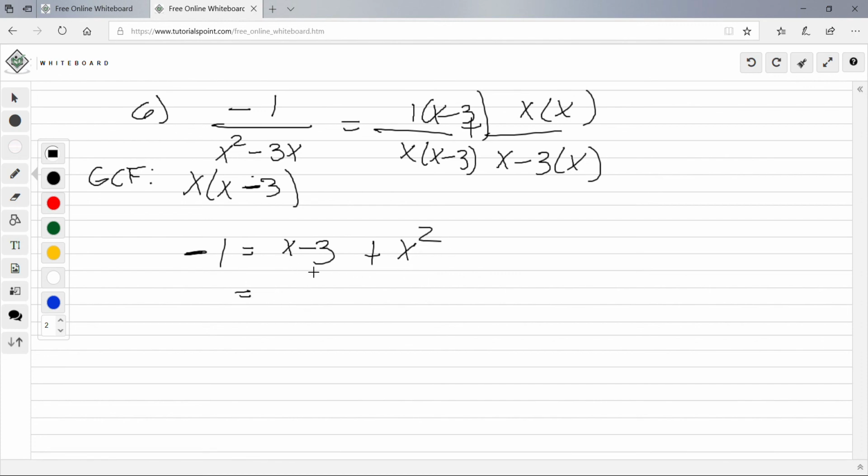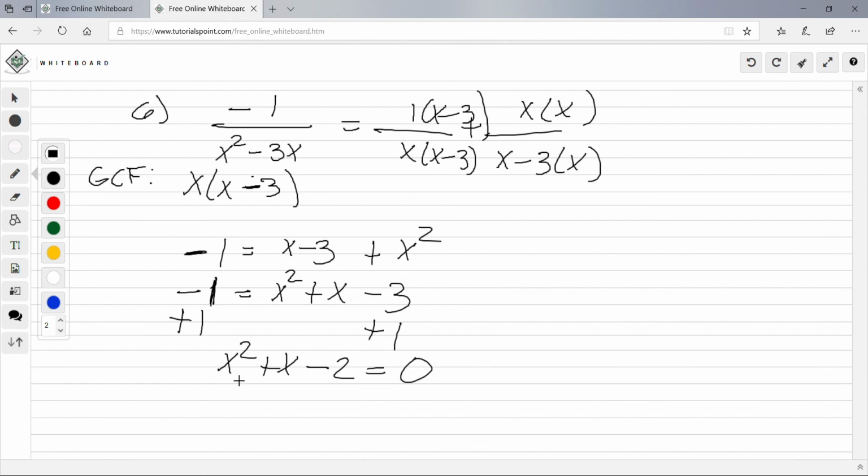So let's simplify: x squared plus x minus 3 minus 1. Okay, so let's get this part 0. So let's get the left 0. So I'm going to get rid of this -1 by adding 1. So we get x squared plus x, -3 plus 1 is -2 equals 0.